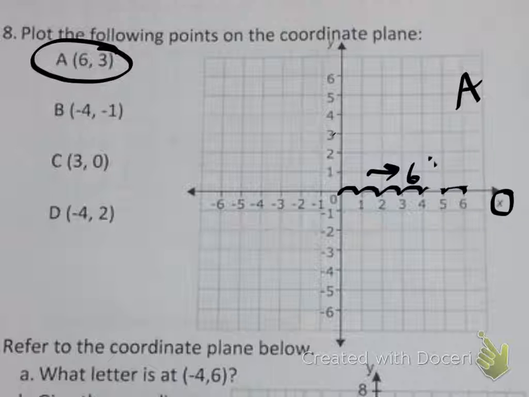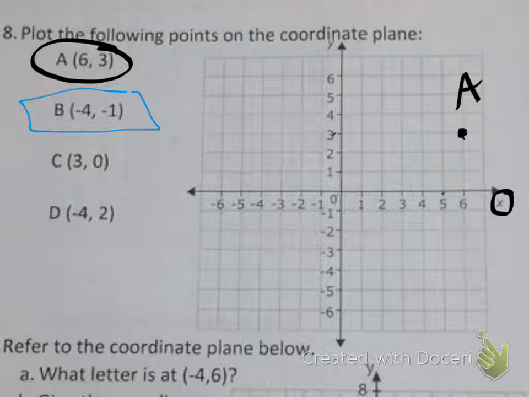Now we go to our next one, which is negative 4, negative 1. We start at the origin again, right in the center. Negative 4 on the x is here, and then negative 1 on the y is here. Another way we can do this is that these two would meet right at that point.